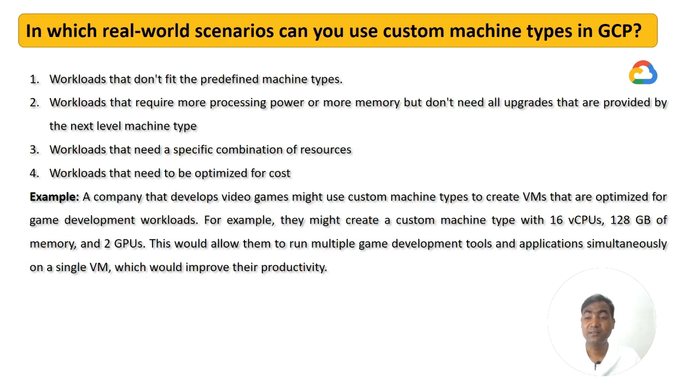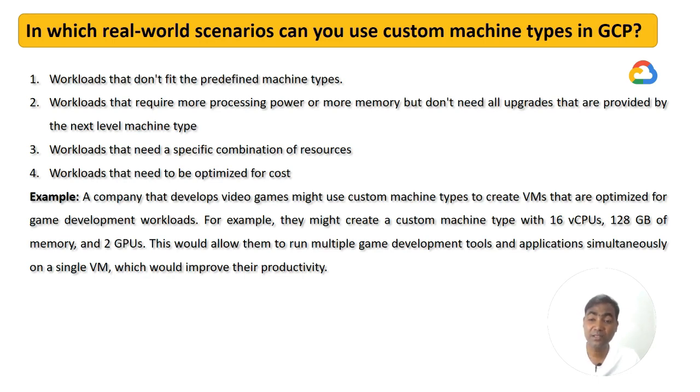As you know guys, a similar example is a company that provides scientific computing services, which might use custom machine types to create a VM that is optimized for scientific computing workloads. For example, they might create a custom machine type with 96 vCPU, 1 TB of memory, and 6 GPU.